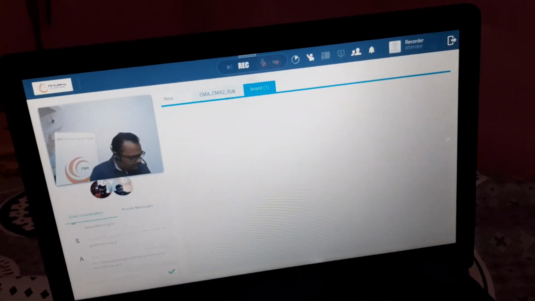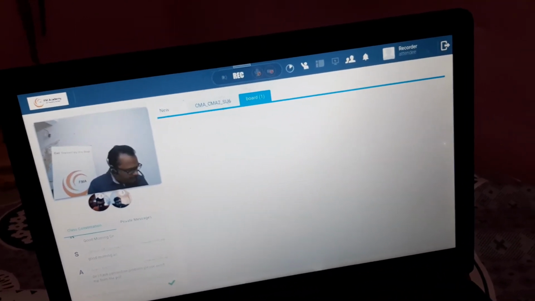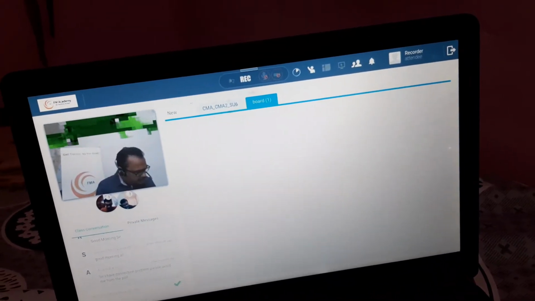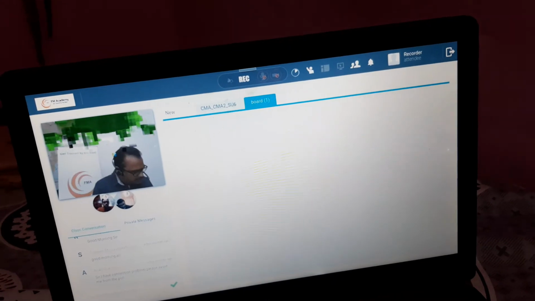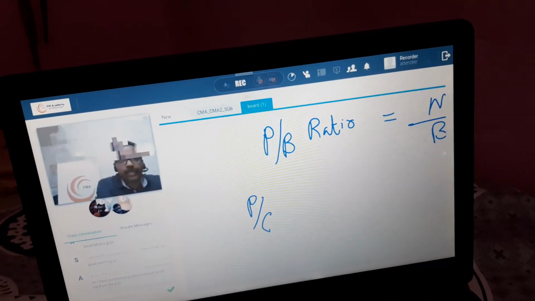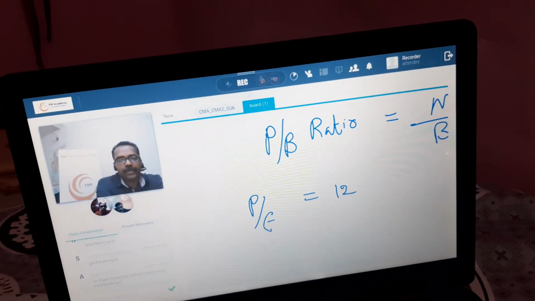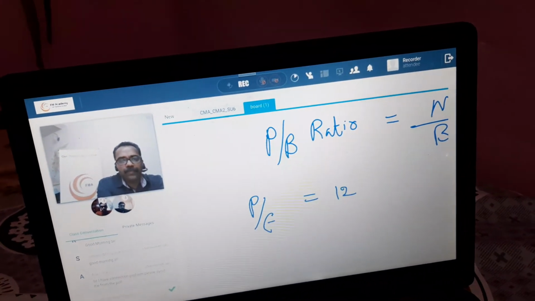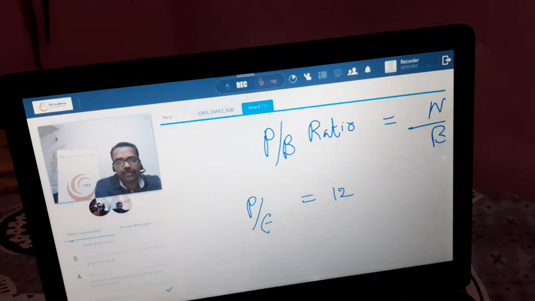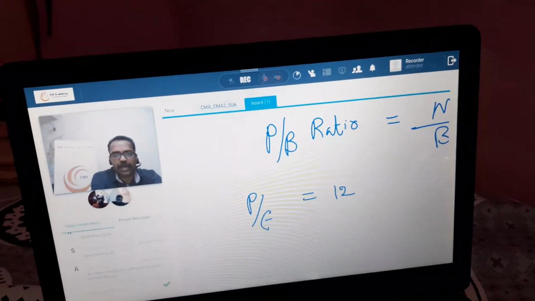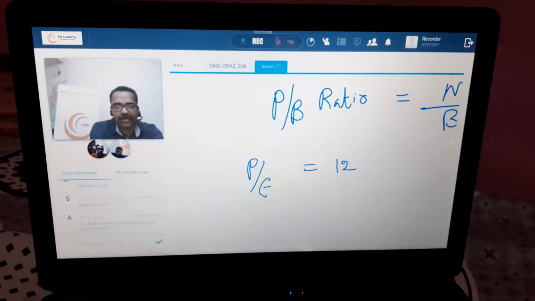They are saying public companies in Clark's industry are trading at 12 times earnings. Your PE ratio equals 12. This is related to the industry. Normally people will look at the industry, similar companies, at what multiple they are trading.